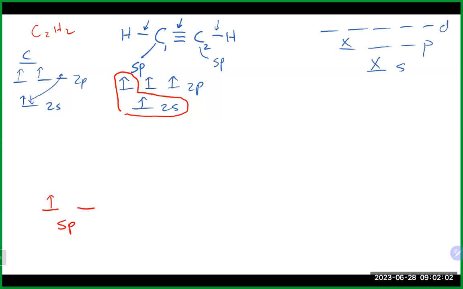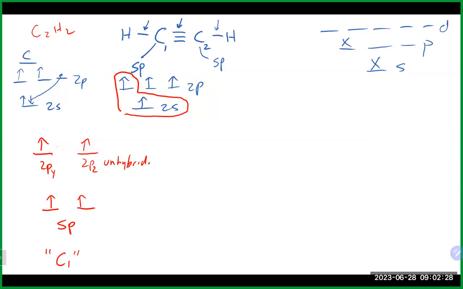They each will have an electron. We will also end up with 2 unhybridized p orbitals, py, pz orbitals. And that would be what the situation is with carbon number 1. In this particular case, carbon number 2 is identical to it.